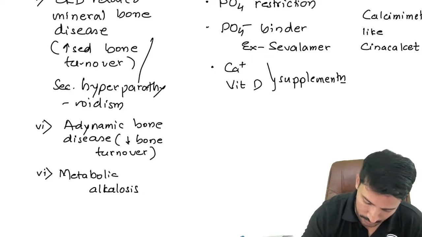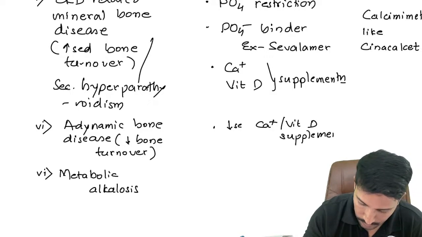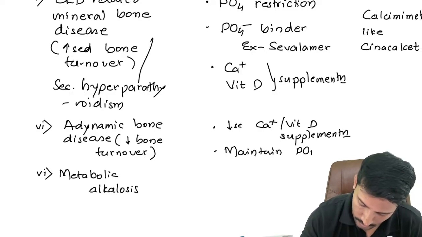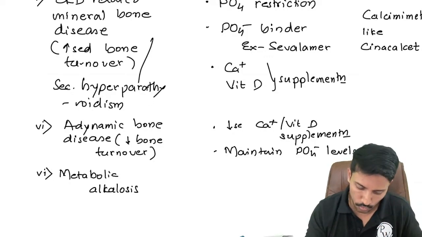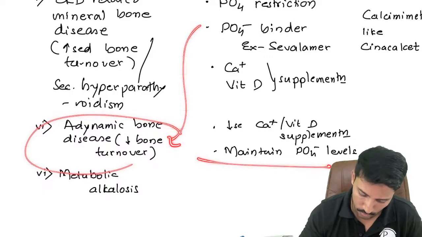So in such cases, we need to decrease calcium and vitamin D supplementation, and then we have to maintain phosphate levels in the blood. If the phosphate levels go too low, I can end up getting adynamic bone disease. So we try to maintain that.